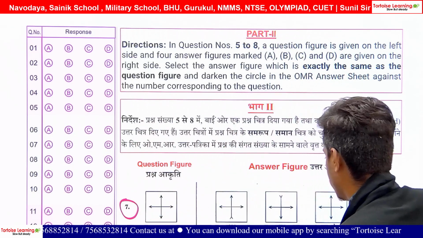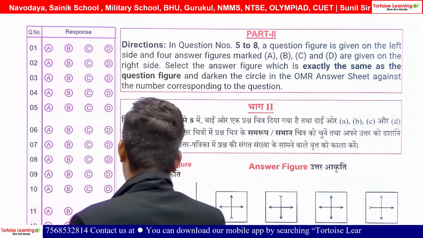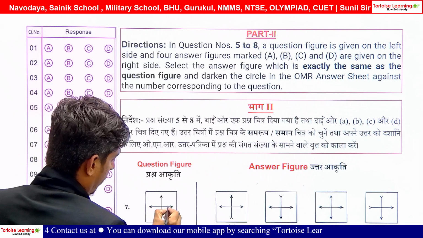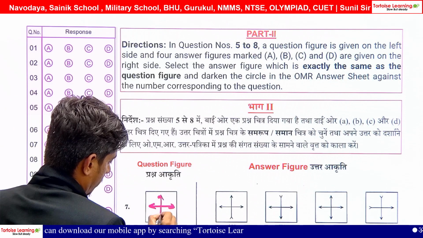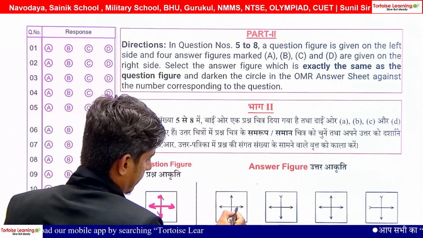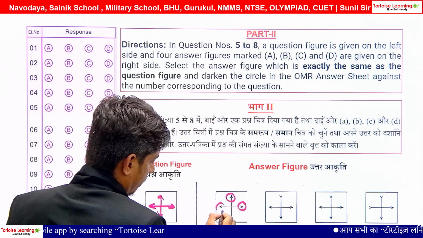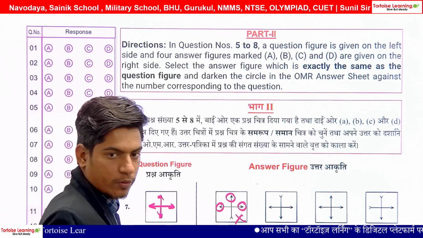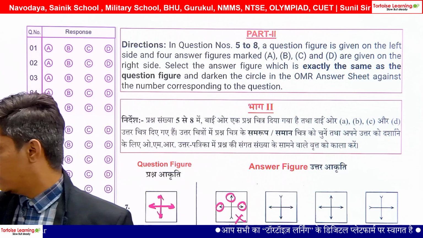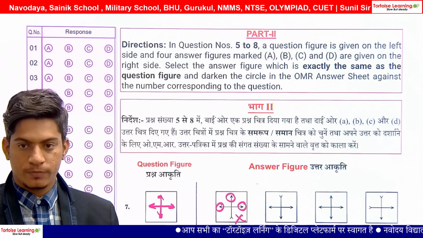Now I am telling you the solution. If you look at this, all arrows are going outside. These 3 are correct, but this is wrong. This is this type of arrow. So I have to make a little less zoom.